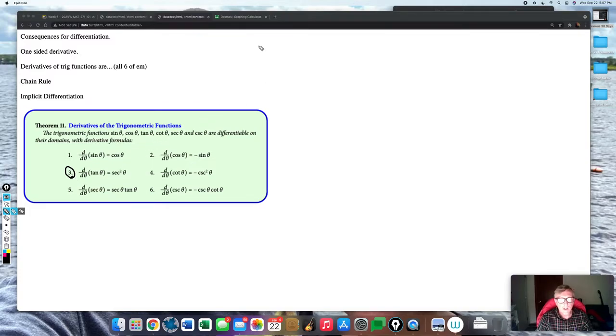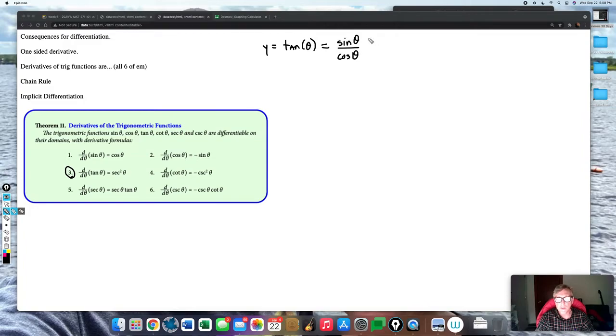So we're going to let y equal tangent theta. So our input variable is not x, it's theta in this case. But remember, we can write this as the sine of theta over the cosine of theta. And so this is our f and this is our g, right?